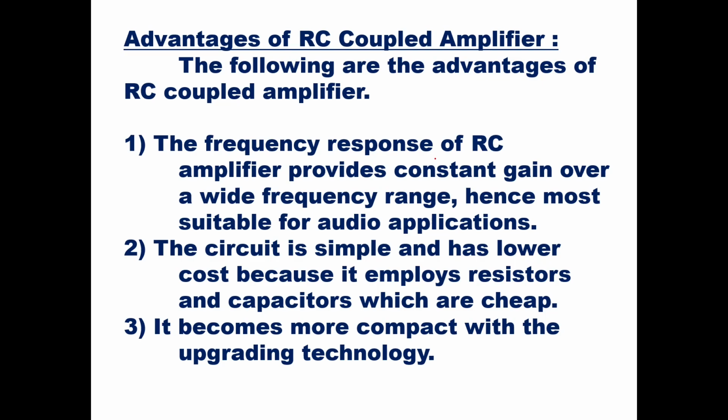And what is the audio frequency range? Audio frequency range is roughly from 20 hertz to 20 kilohertz. In the graph we see from 50 hertz to 20 kilohertz the gain is remaining constant, and that is the useful range in which you can use the RC coupled amplifier. So it is used for audio frequency applications.